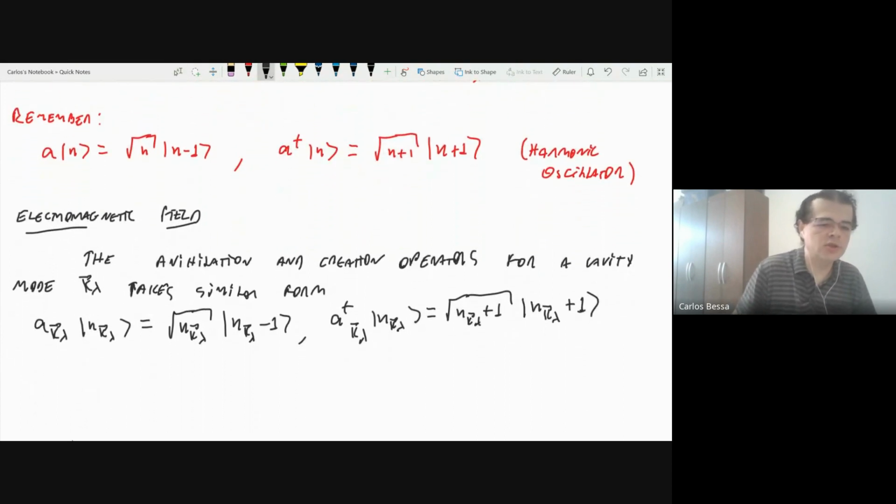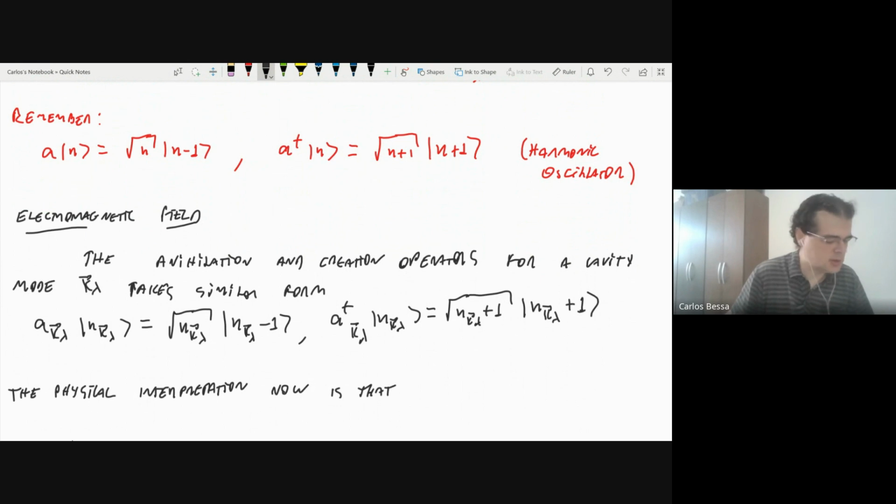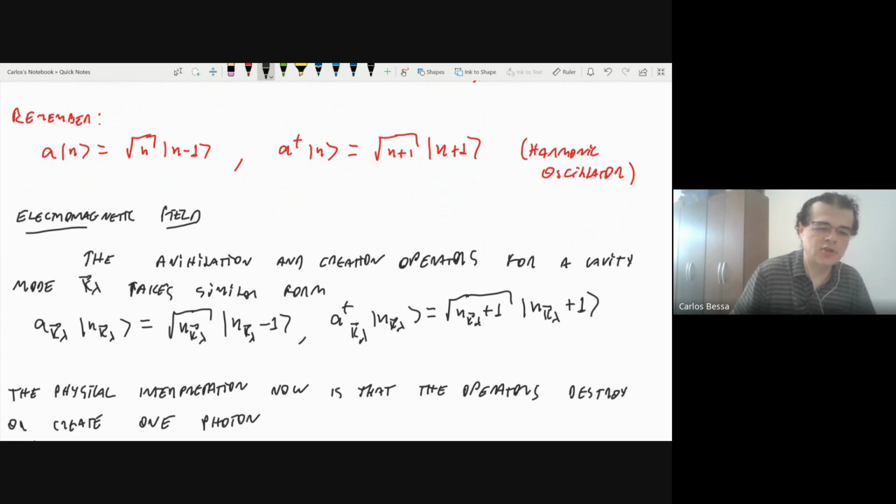The physical interpretation now is that the operators destroy or create one photon of the radiation of the electromagnetic field.